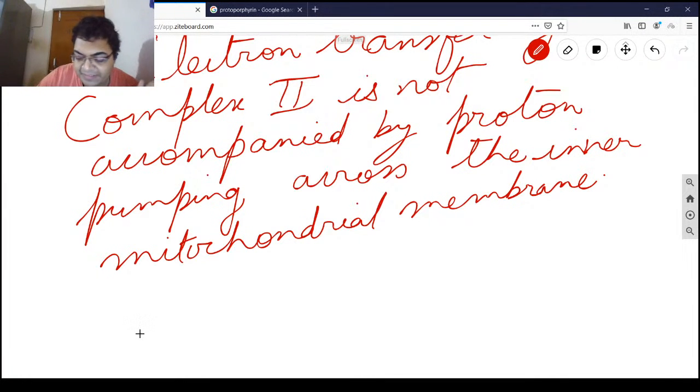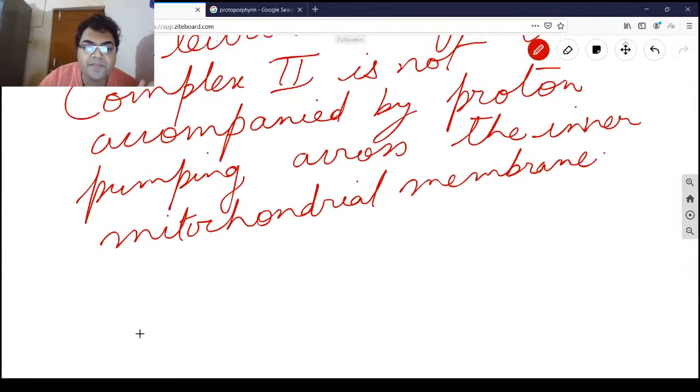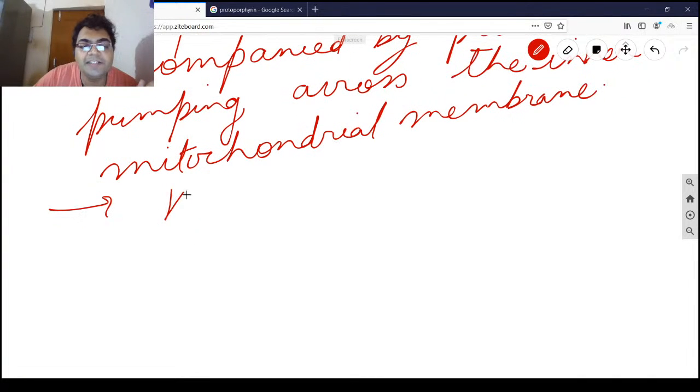So these things can happen from complex 2: H2O2 production, superoxide ion.